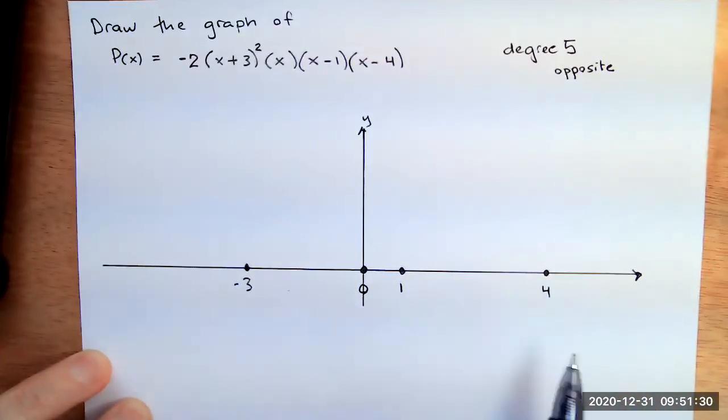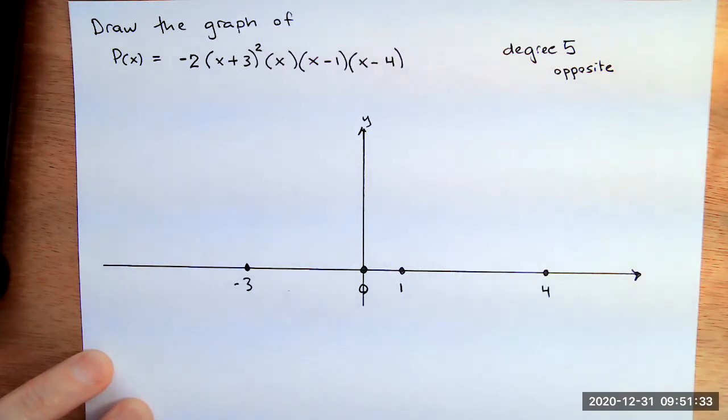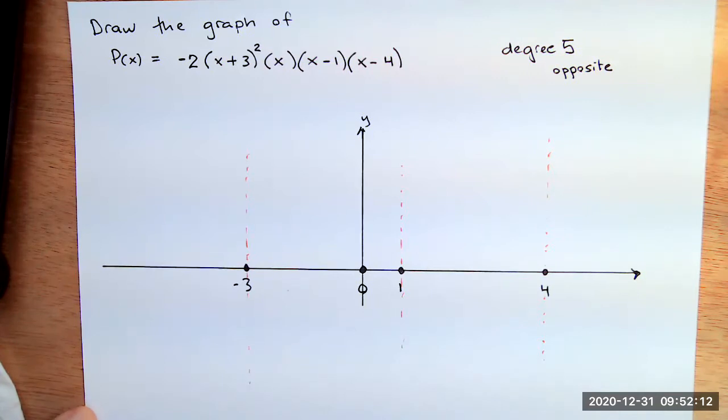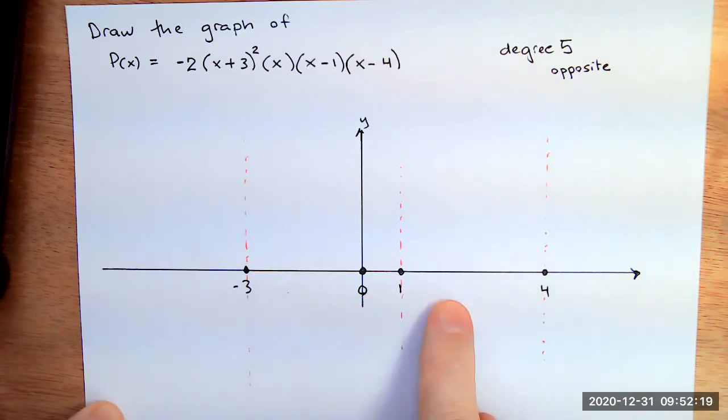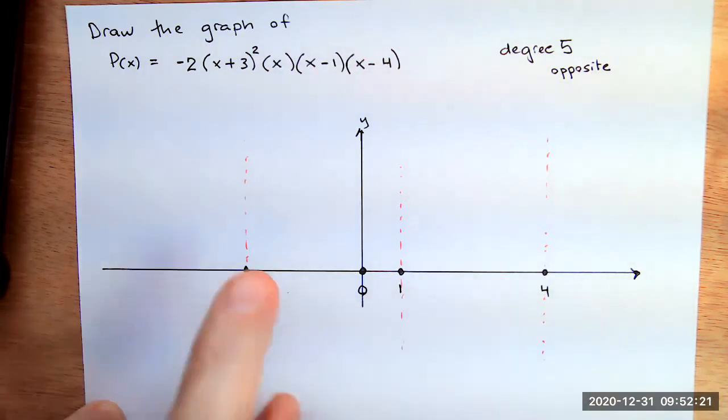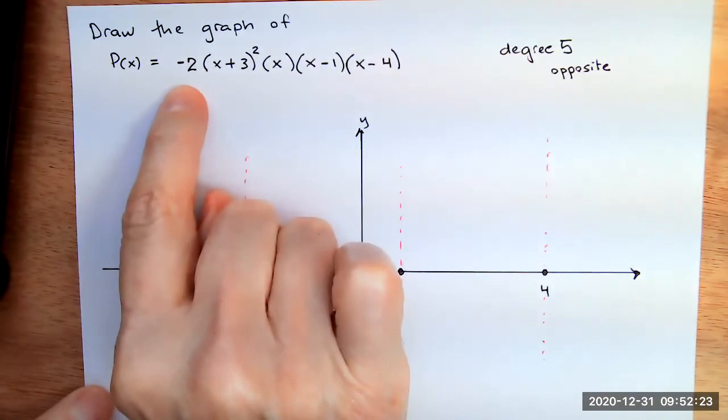And I'm going to put some little vertical lines just because it makes it easier for me to look at. All right, how many regions do we need to test? 1, 2, 3, 4, and 5. And don't forget about that -2 out front.